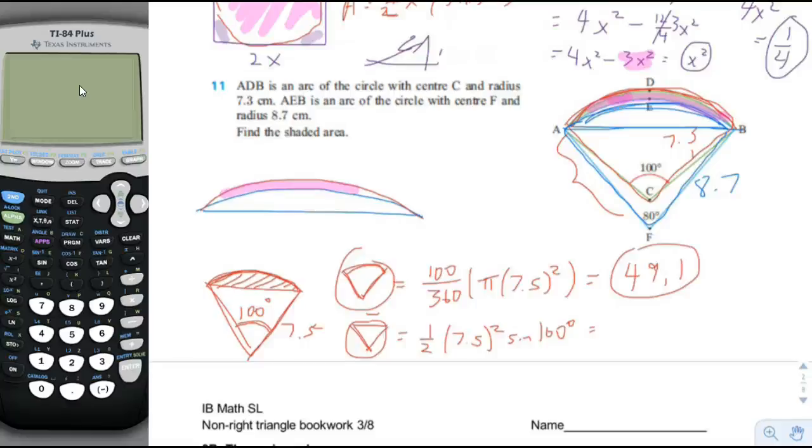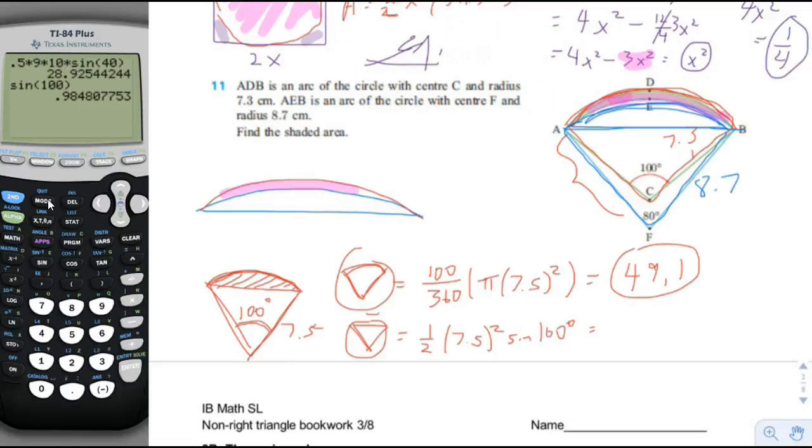And then what's the other one? Now I'm going to have to use a TI-84 because I need to figure out what the sine of 100 is. I don't know if it's still in degrees mode when you turn it off. I'll have to check that. Okay, it gives me a number very close to 1, 0.985. Let's just check to make sure. 0.985, it's still in degrees.